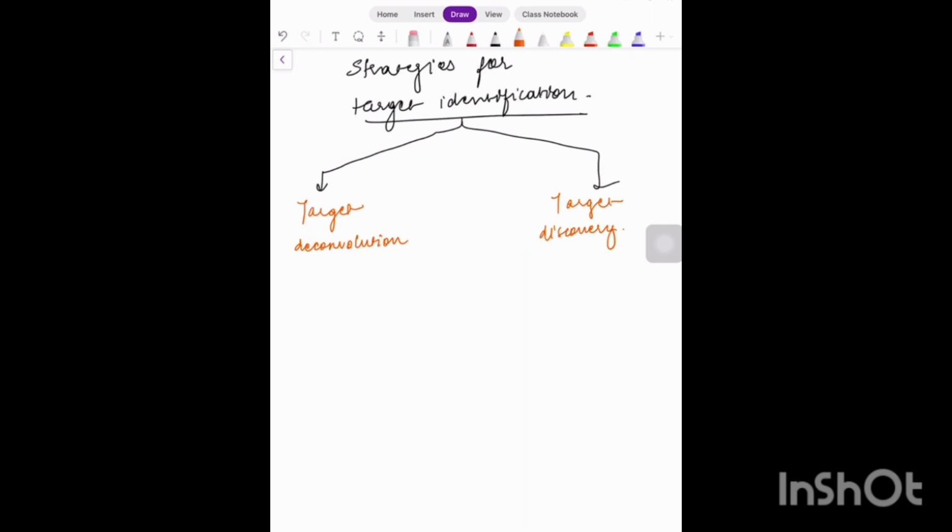Okay, so what did we do in this case? Until now, what we heard was saying that first we are identifying the target and then we find our lead compound.